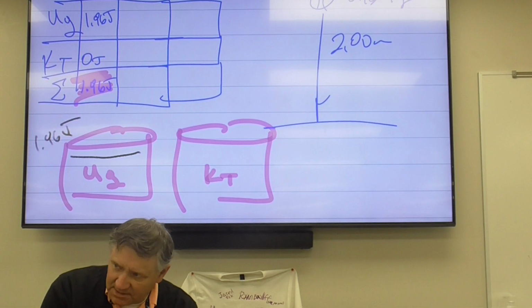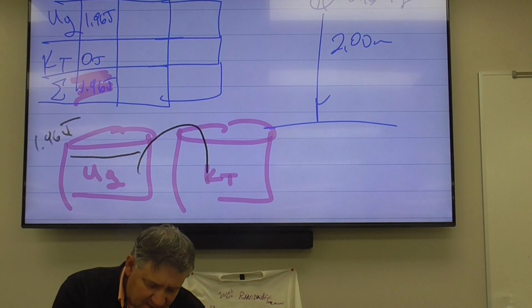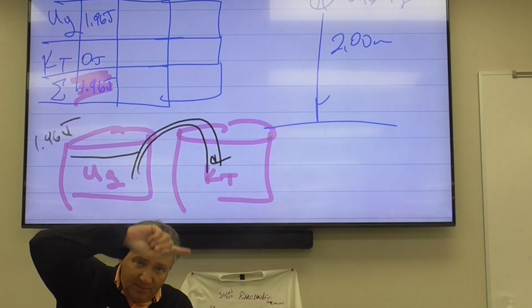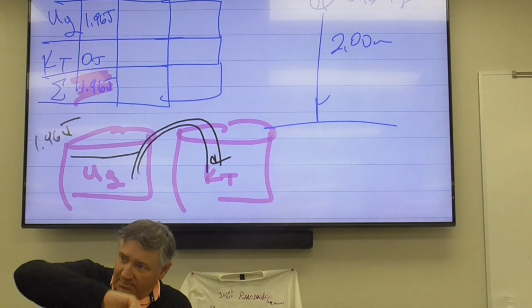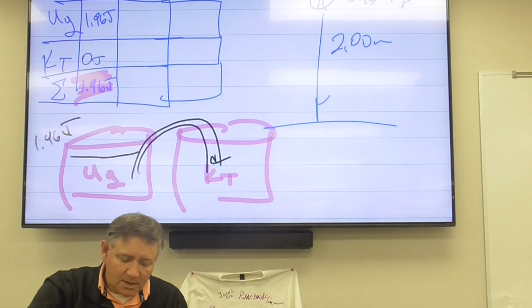My kinetic energy container is empty. As the ball falls, imagine that there's a siphon that moves the energy from the UG container over to the kinetic energy container, right?